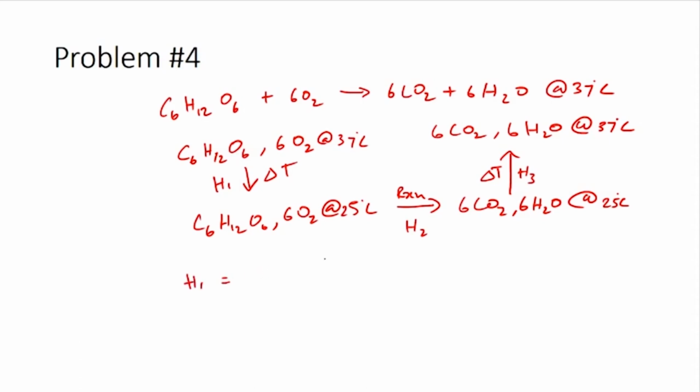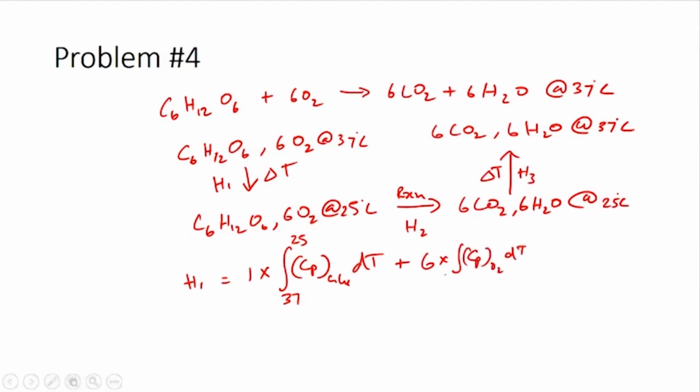H1 would be equal to 2 things: one is glucose being cooled from 37 to 25, and the other is 6 moles of oxygen being cooled from 37 to 25. For calculating the enthalpy change associated with cooling 1 mole of glucose, we would have to calculate 1 times integral Cp of glucose dT, where temperature changes from 37 to 25, plus the enthalpy change associated with cooling 6 moles of oxygen, which would be 6 times integral Cp of oxygen dT, again cooling from 37 to 25.